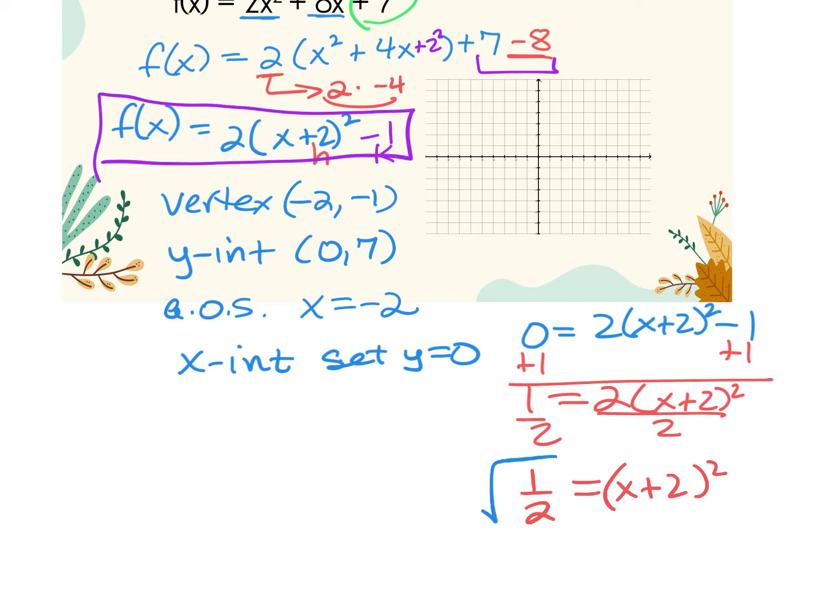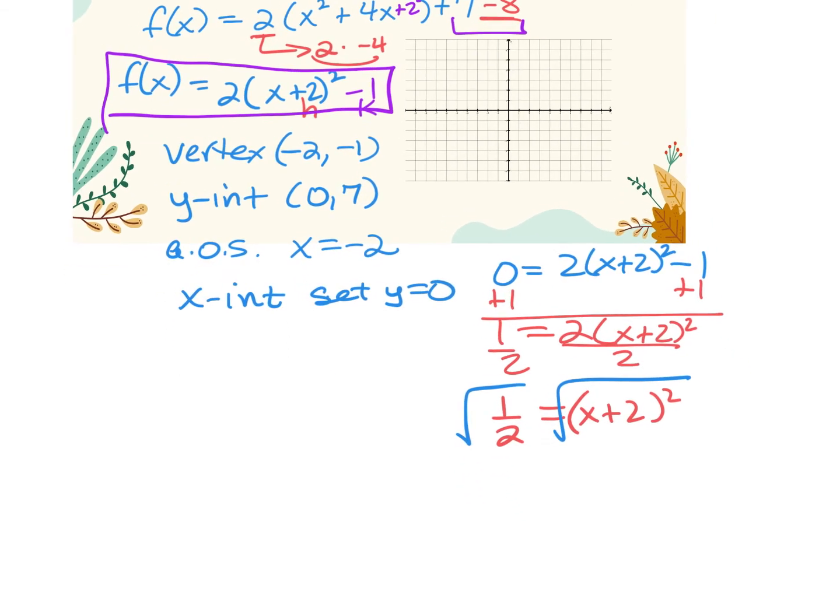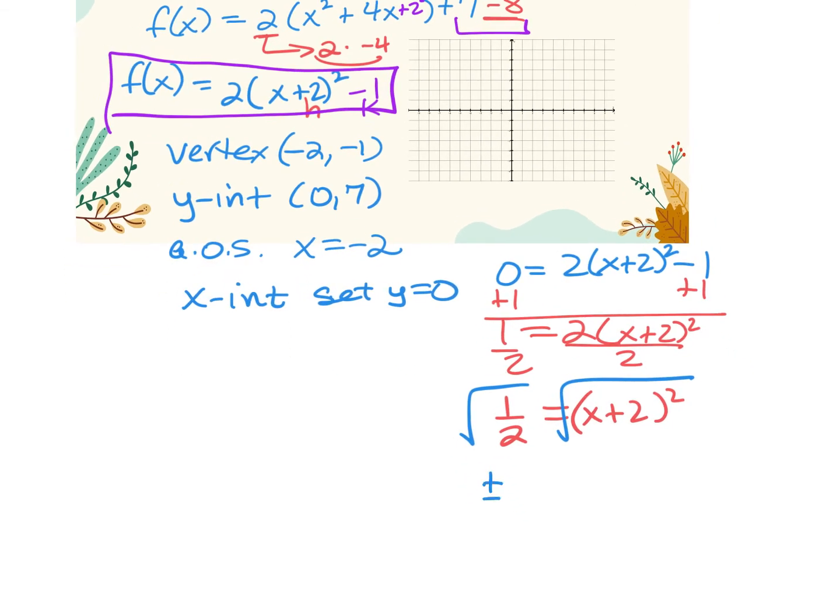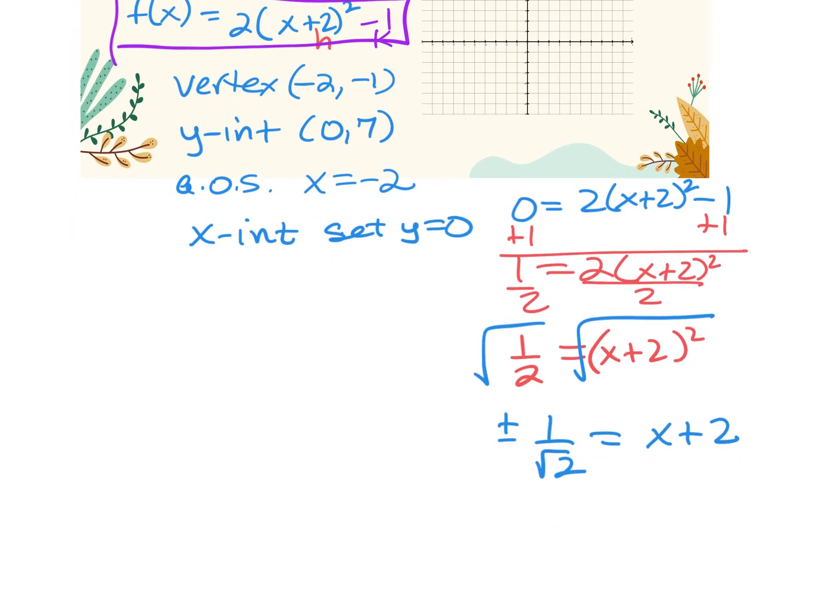I have to square root it. So I get plus and minus 1 over the square root of 2, because the square root of 1 is 1. Now I need to rationalize this. So let me go ahead and do this over to the side.